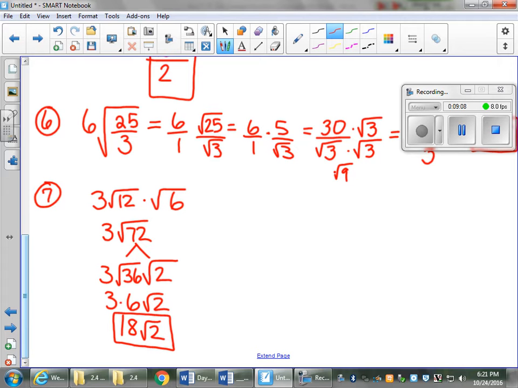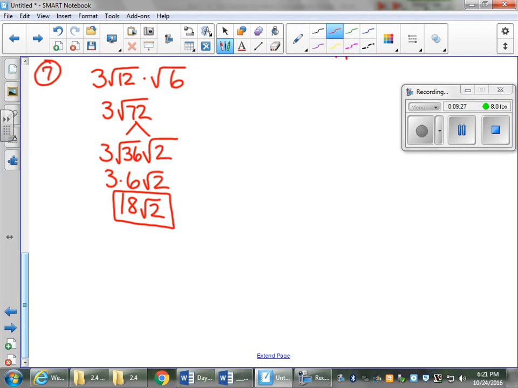These properties do not work with adding and subtracting radicals. Think of addition and subtraction of radicals like terms. You can't combine x's and y's. Therefore, you can't combine radical 2's with radical 5's. They have to be like radicals in order to be able to add them. So what I mean by that, if I did give you 2 radical 5 plus 9 radical 5, that would equal 11 radical 5.